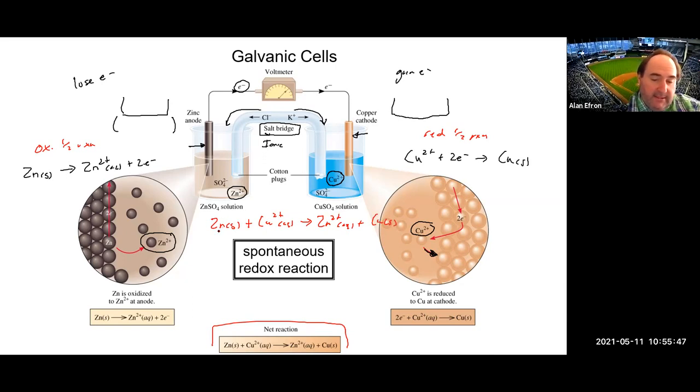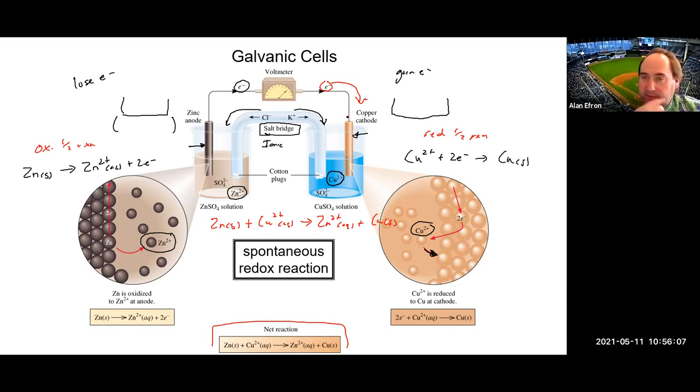So again, zinc going through oxidation, copper going through reduction. And again, that flow of electrons going from our anode to our cathode, our cathode being a little bit more positively charged, helping pull those electrons to the other side.